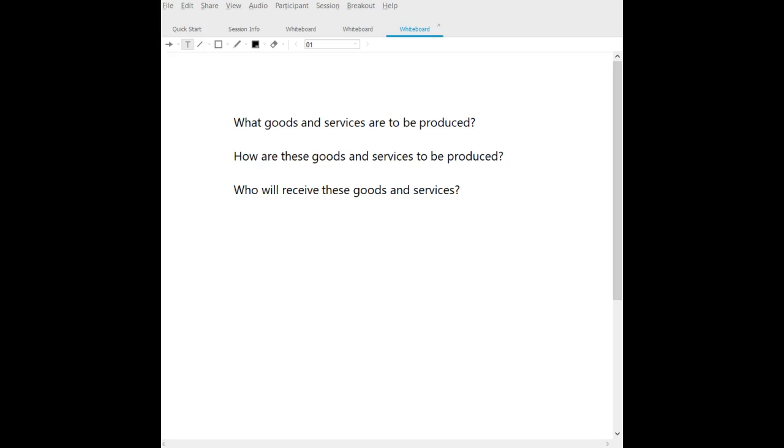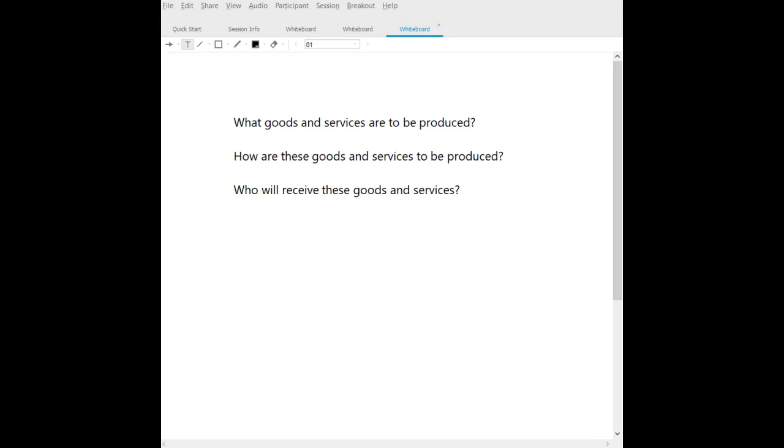When we talk about economic systems, they can be described as planned economies or capitalist, or market, economies. The difference between a capitalist and a planned economy is basically who controls the market, or what happens in the market.